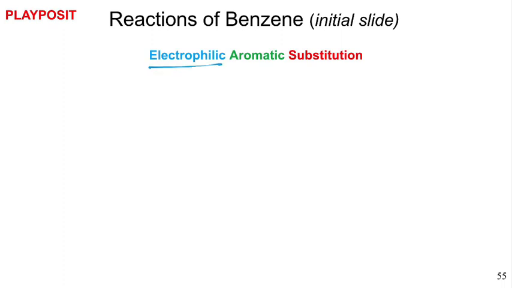If we're talking about electrophilic, what are we looking for? A positive charge. Okay? If we're talking about aromatic, this is a bit of a stretch for us because we've never really defined what aromaticity is, and I think it's beyond the need for this class. The classic example of an aromatic structure is benzene.